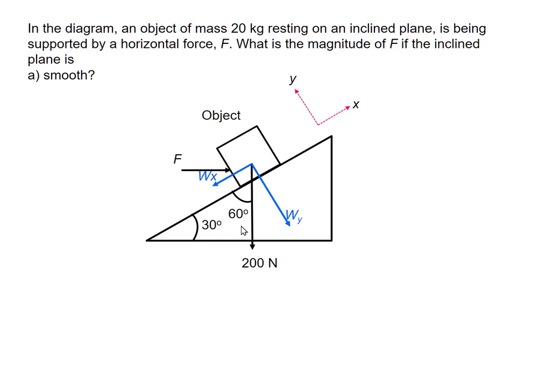So in this case, we are interested in looking at this angle here between the weight component and the Wx component, and therefore this will then be 60 degrees as well, since Wx is parallel to the slope.